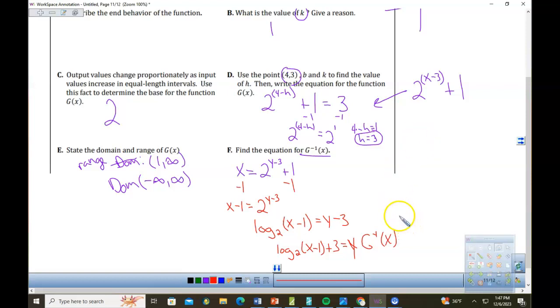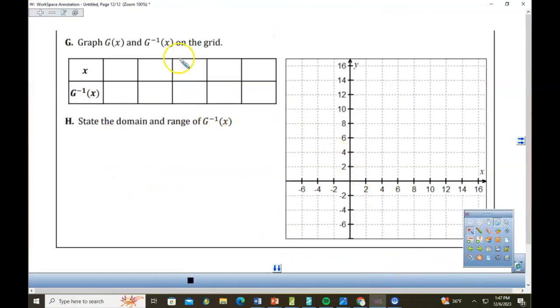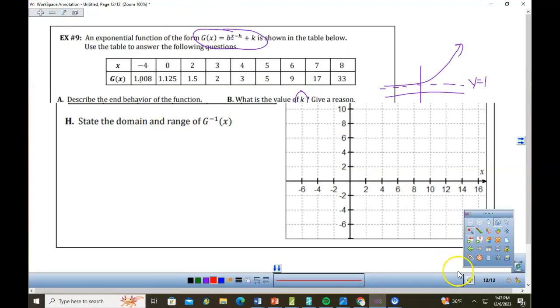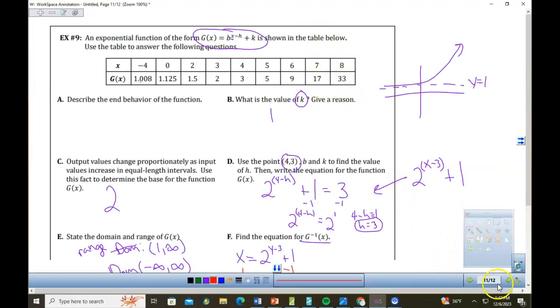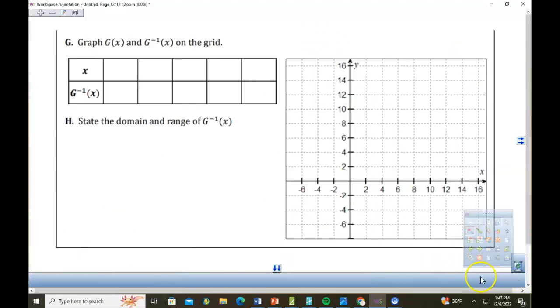All right, let's graph these beasts. So, g of x, I'm getting from the table given to us up here, right? I can just plot those points. It's given to me. Okay? So g of x, I have (0, 1.25), right? (2, 1.5).